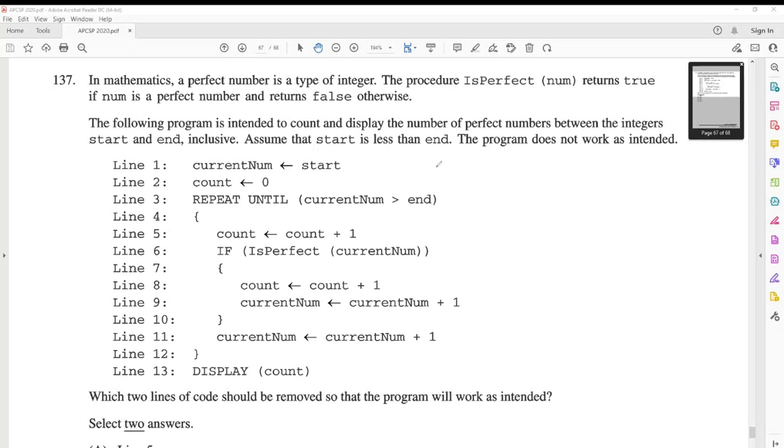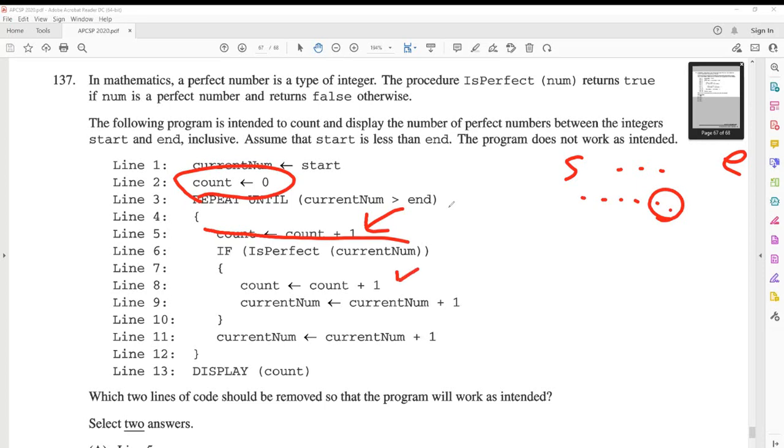Basically you have numbers from start to end. You should check if the number is a perfect number, and then increase the counter. The counter starts at 0 and increases by 1, so this one must be deleted. Only a perfect number increases the counter. That's actually correct.